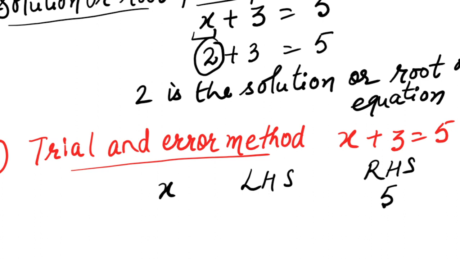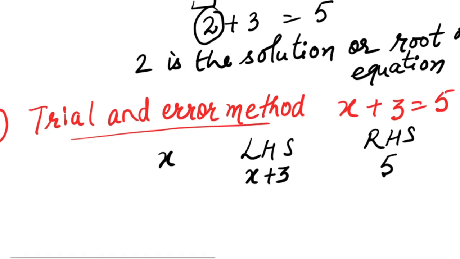In the right hand side we have 5, and in the left hand side we have x plus 3, where x is the variable. We try several values of x and find the value of left hand side and right hand side, and we stop for the particular value of x when left hand side is equal to right hand side.